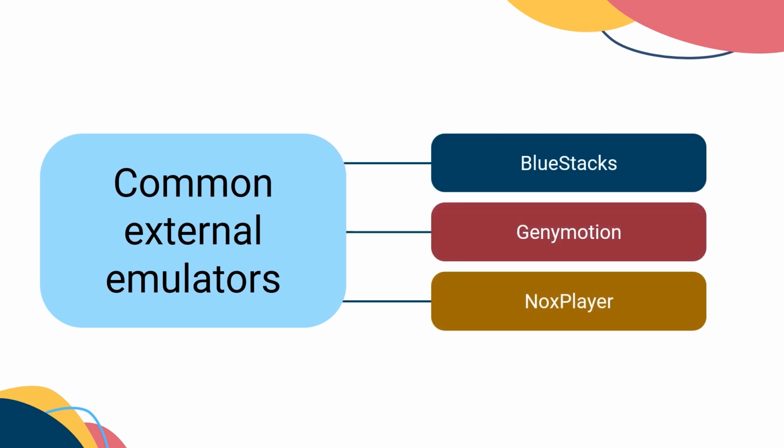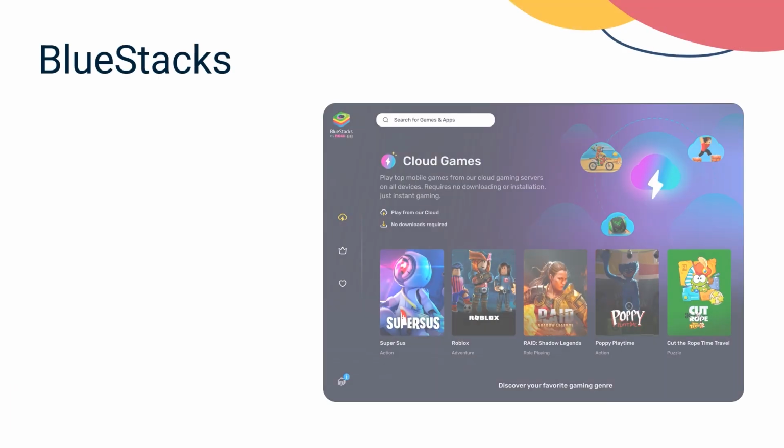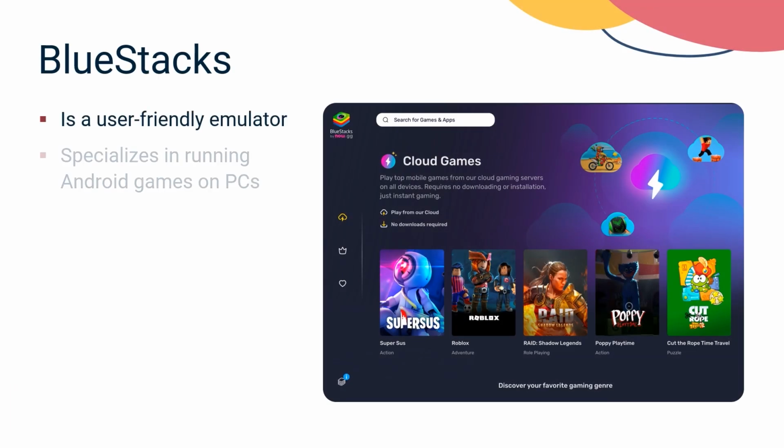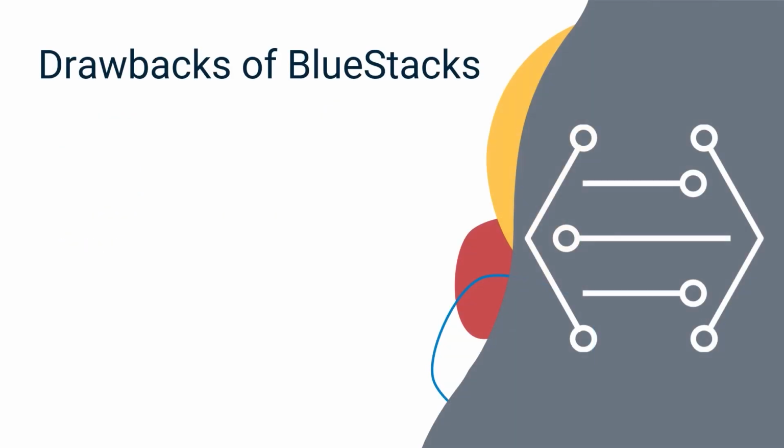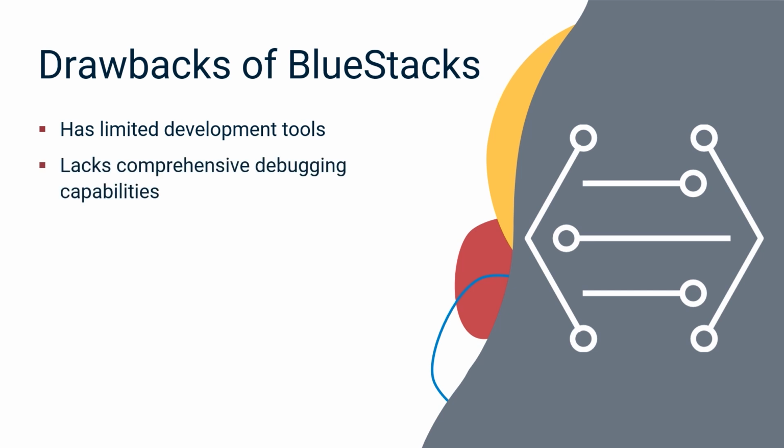Let's discuss each of these emulators. BlueStacks is a user-friendly emulator for running Android games on PCs and app testing. It boasts high performance with visuals optimized for gaming and runs multiple apps at once. However, BlueStacks has drawbacks such as limited development tools, lacking comprehensive debugging capabilities, and being ad-supported in its free version.